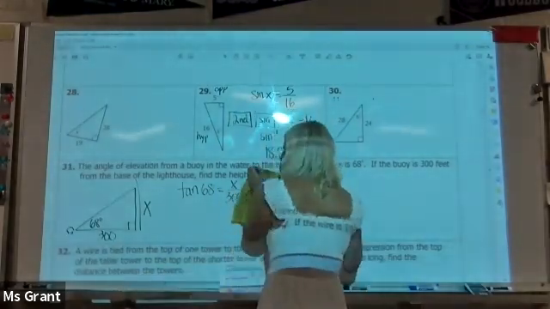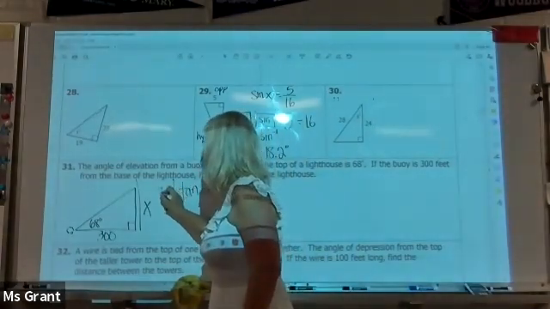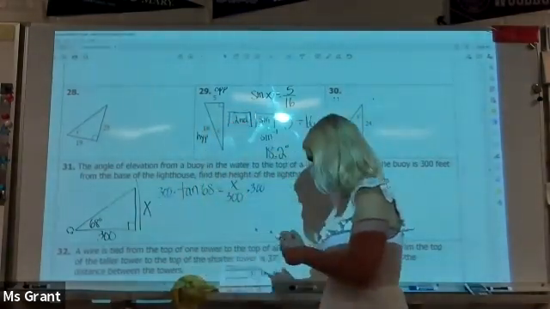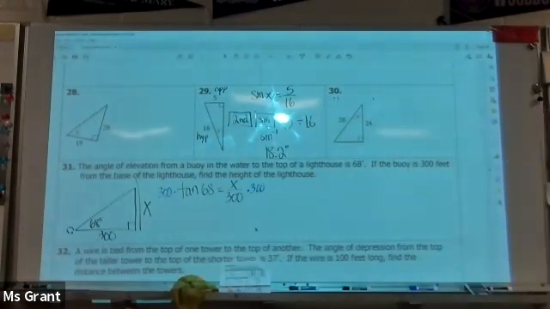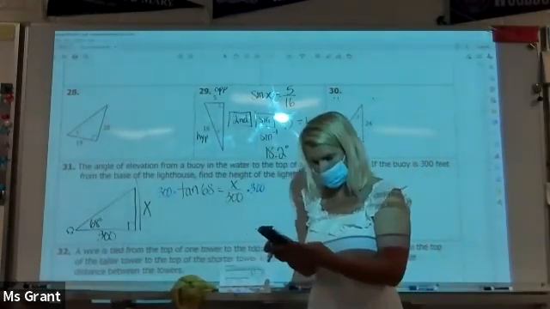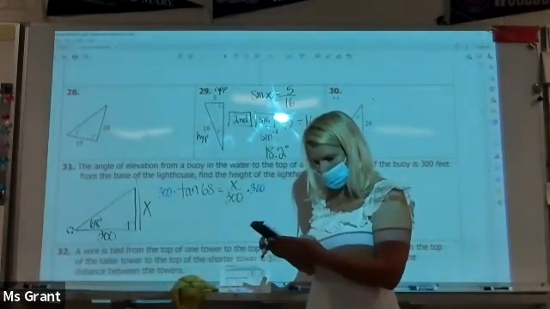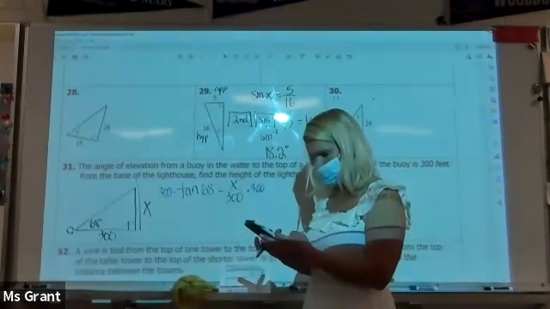Multiply by 300 on both sides. And that goes in your calculator: 300 times tangent 68.